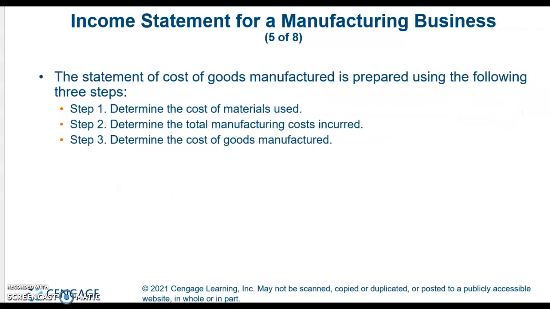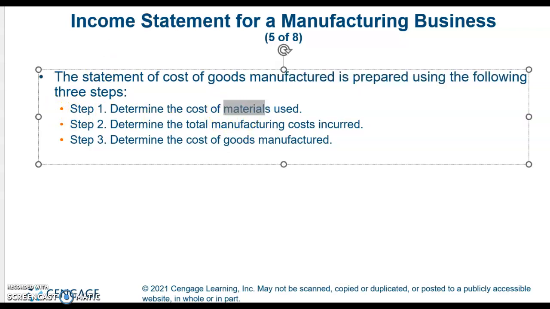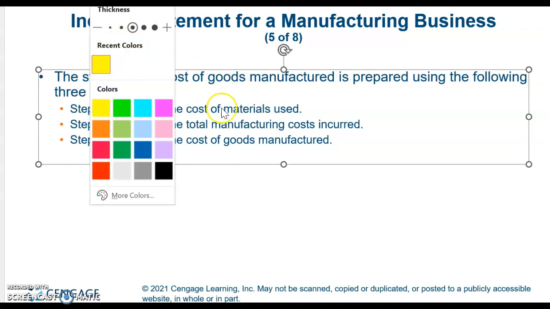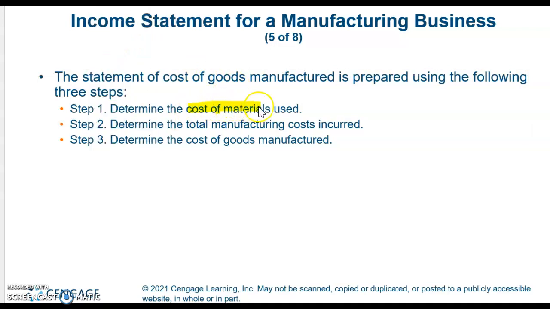The steps to determine the cost of goods manufactured: first, you have to determine the cost of the materials used, and then determine the total manufacturing cost, and then you can determine the cost of goods manufactured.